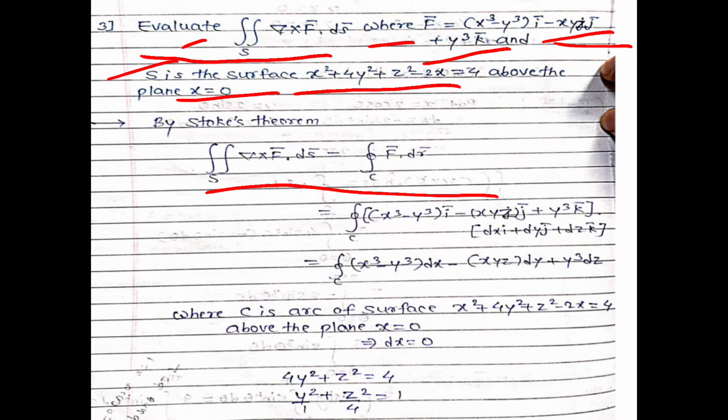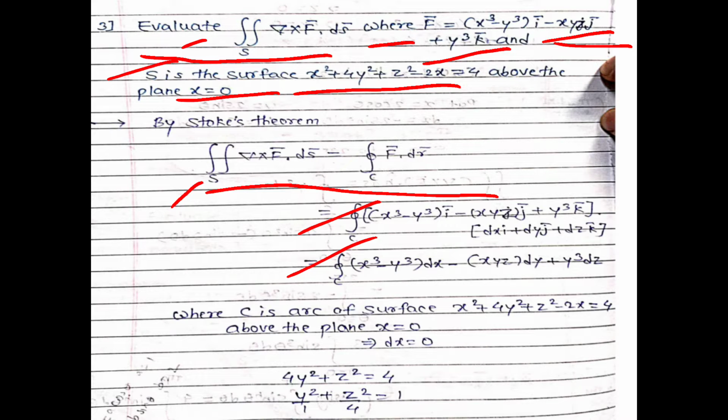So by the statement of Stokes theorem, the double integration over surface S of del cross f bar dot ds bar is equal to the single integration over C of f bar dot dr bar. Here we will write the values of f bar and dr bar, and take the dot product of both. After simplifying, we will get this format.